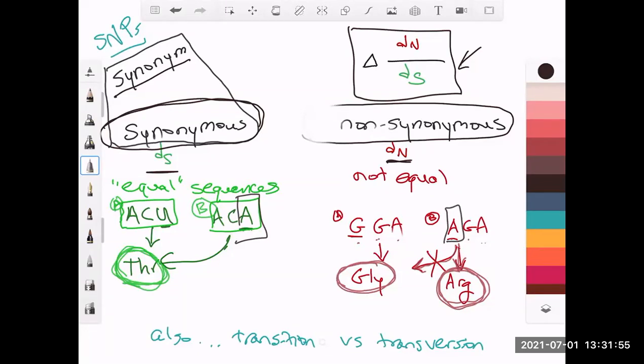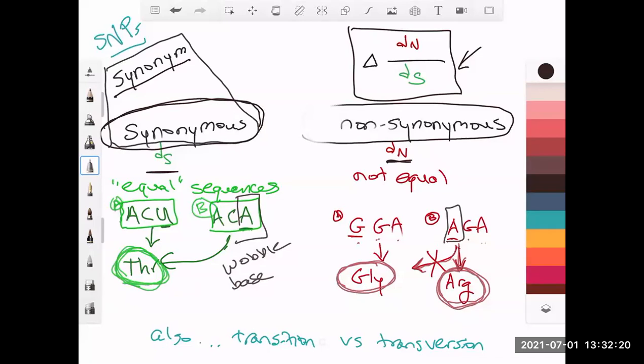Why is that? Think for a moment, and you might recall that there's something called the wobble base. The wobble base is the third nucleotide in a codon. And for many amino acids, it doesn't matter what the third base pair is.